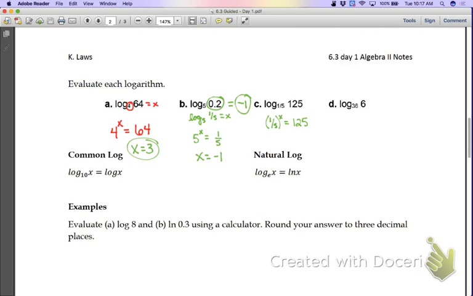It's negative, I flipped it. So I know that x is going to be negative. So if I work somewhat backwards, or in steps, if I make it a -1, then that's going to make it a 5. So I know that it's going to be negative. So what do I need to do to the 5 to make it into 125?